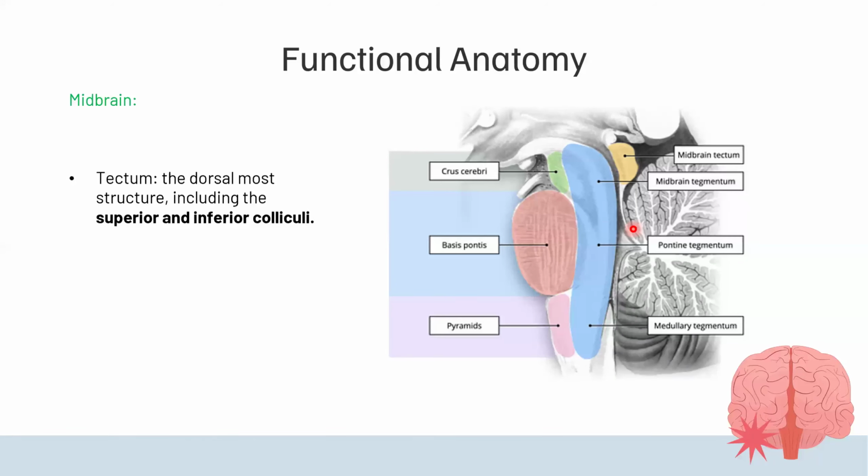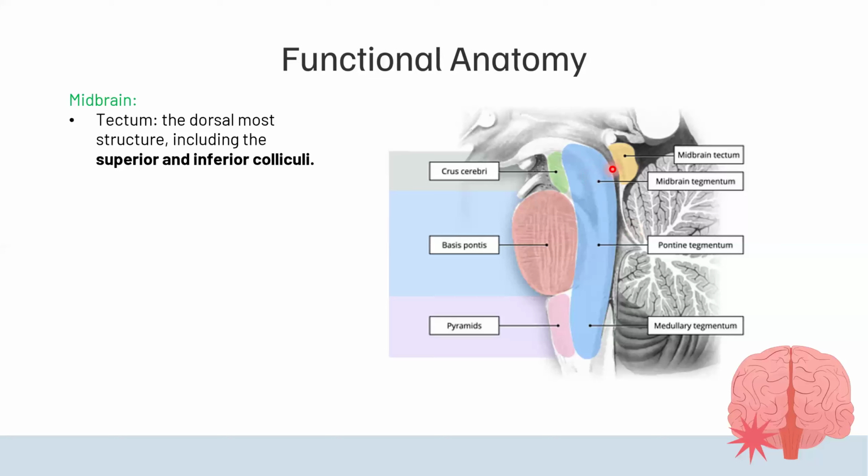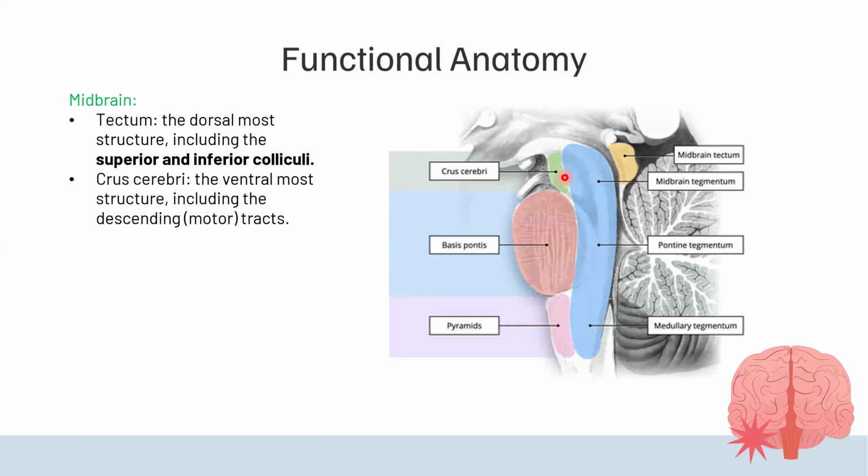So looking at that, we have the midbrain that has the tectum. This is the dorsalmost portion, and this tectum is basically for the colliculi that we were just talking about. So the superior and the inferior colliculi. Then we're going to have anteriorly the crus cerebri, and this is going to have our descending motor tracts, including corticospinal, corticobulbar, and so on and so forth.